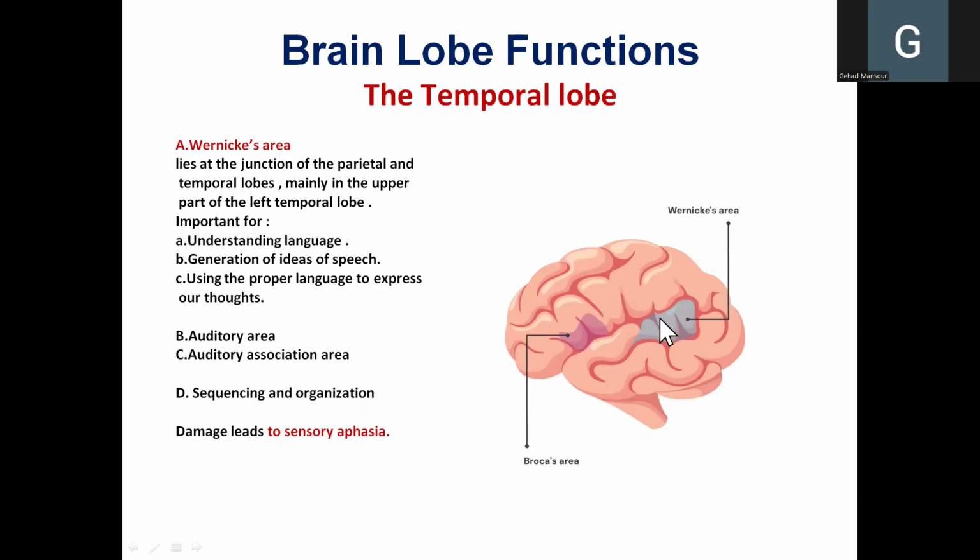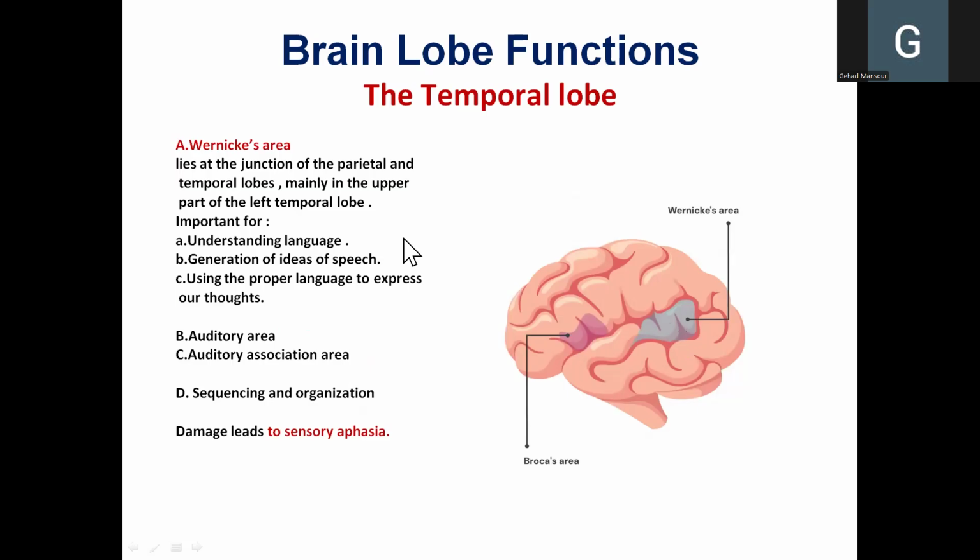And Wernicke's aphasia is sensory aphasia because people with Wernicke's aphasia articulate words very well. They do not have any problem with motor functions, but they give fluent speech, but nonsense speech because they cannot produce meaningful speech since they do not essentially understand the names or understand the meanings of the words. And in Wernicke's aphasia, the patient is not frustrated because he does not understand that he has a problem.